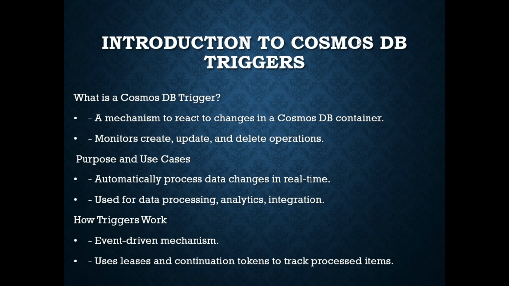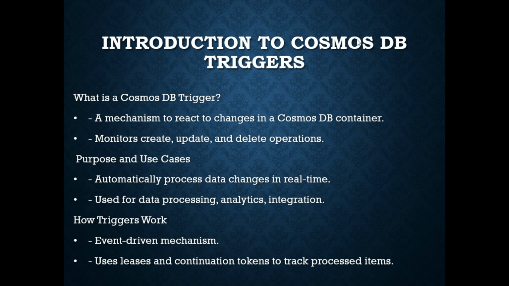For example, let's say you have a Cosmos DB trigger, and you have a Cosmos DB. Whenever a record is inserted, you want to fire a trigger which reads this newly created, updated, or deleted Cosmos data and updates some data sources where this synchronization is required, right? And basically it also helps to monitor create, update, and delete operations.